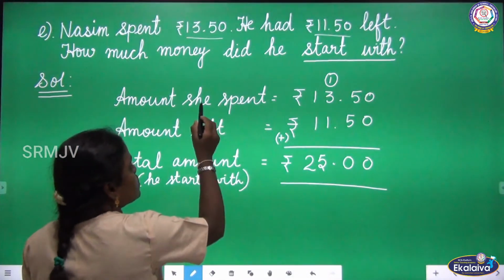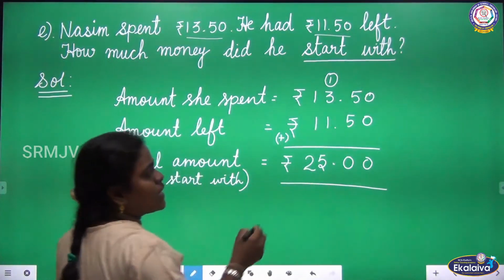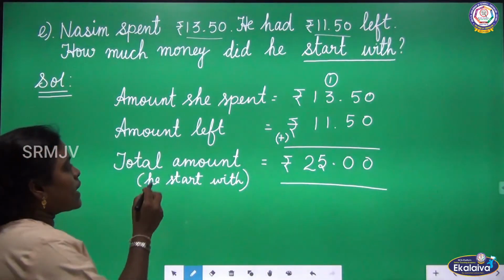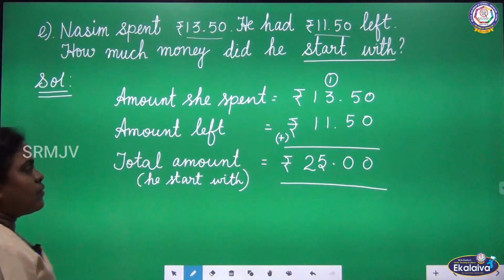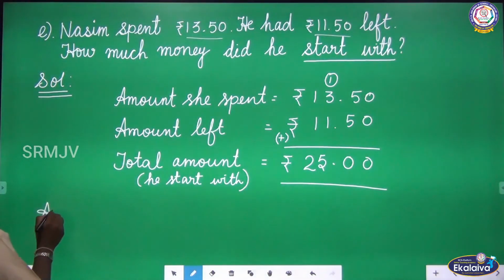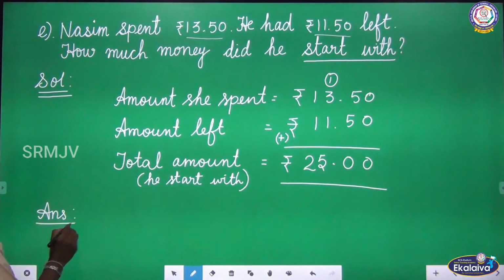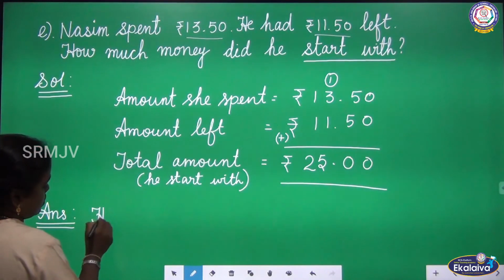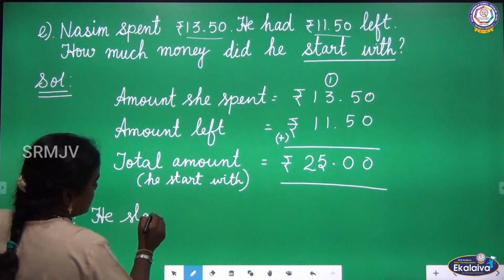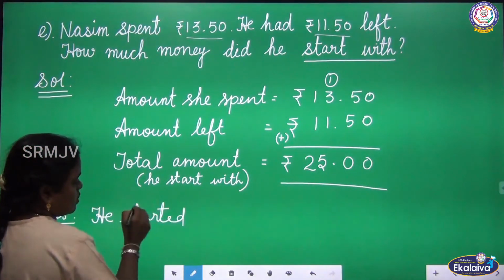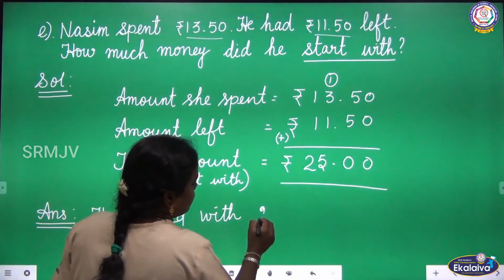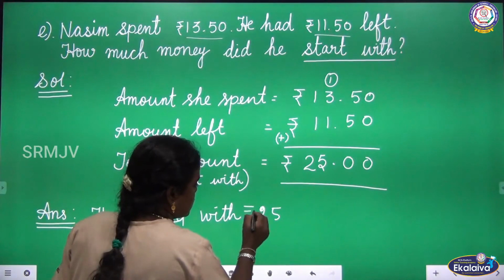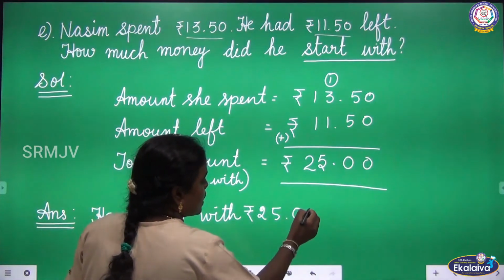So she spent 13 rupees and 50 paise, and the amount left with her is 11 rupees and 50 paise. So let us write the answer. He started with 25 rupees and there is no paise.